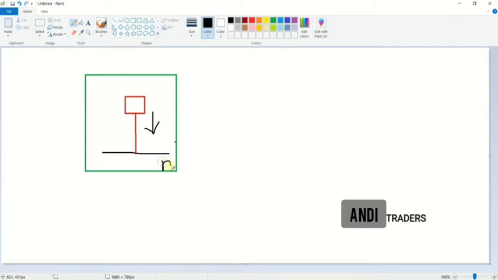Why? Because we are seeing a buyer's entry here and a seller's entry here. This is near to the sellers, so it will continue at least like this or like this. It will continue to this buyer's area. It will hit this buyer's area if there is no support level here.